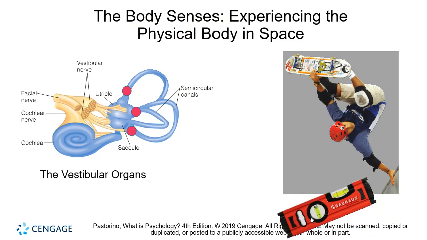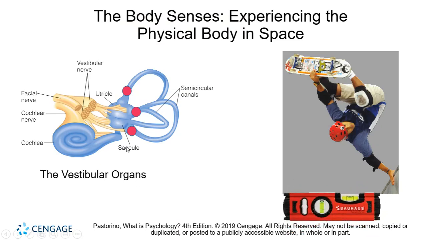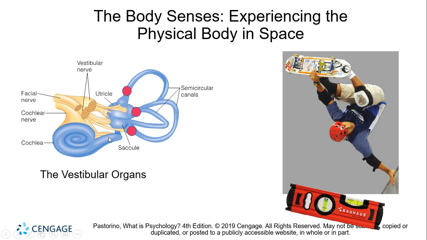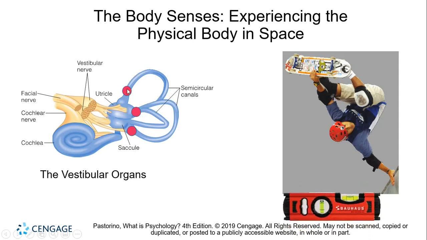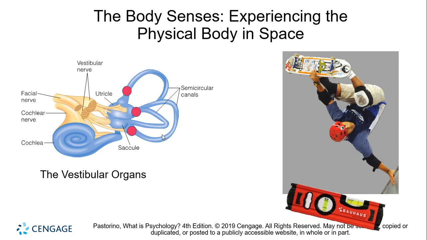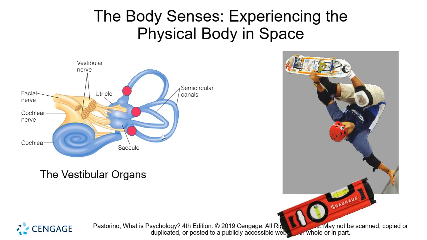Now, you'll notice that in your inner ear, your cochlea is that snail looking part of your inner ear. But on the other side, there are these little loop de loops, which are called the semicircular canals. And your semicircular canals are kind of like levels.